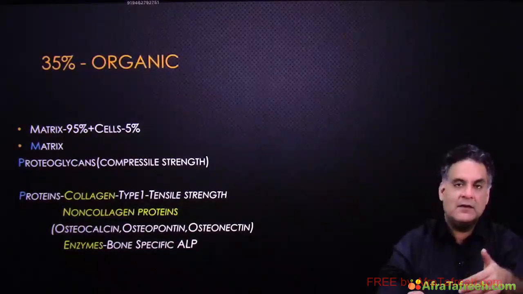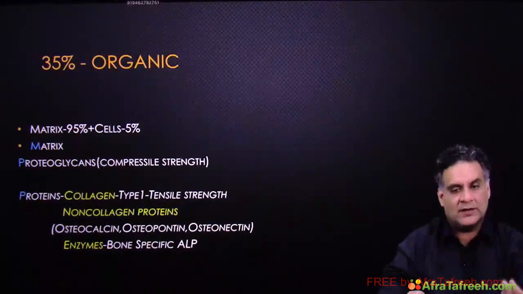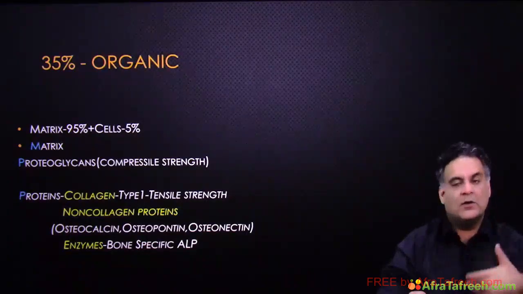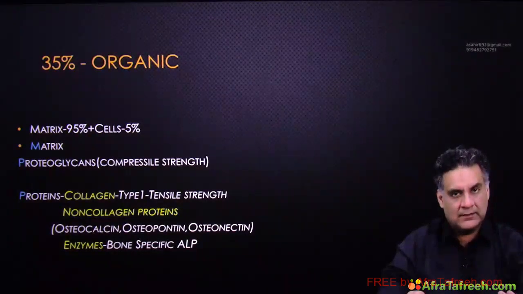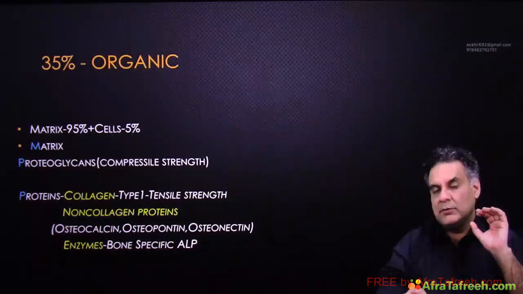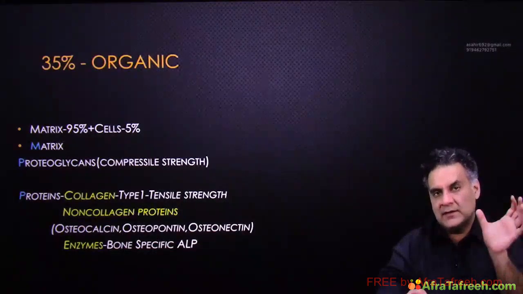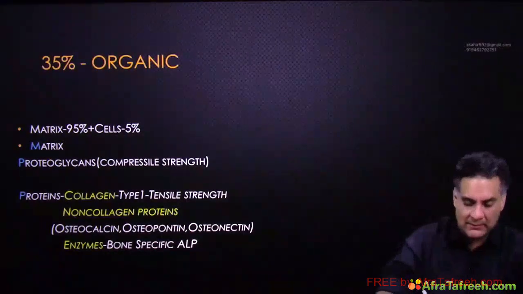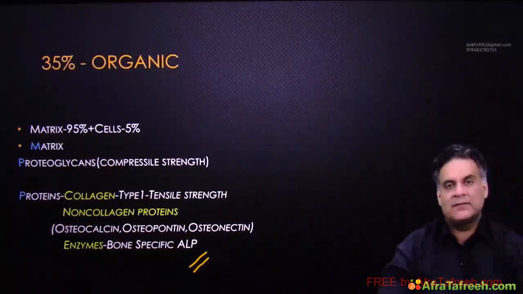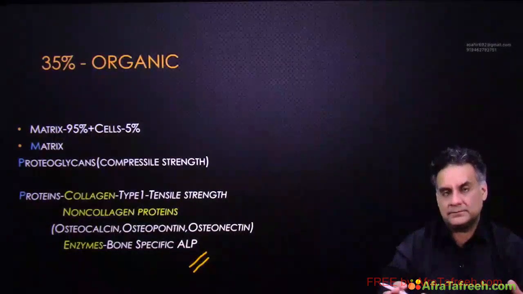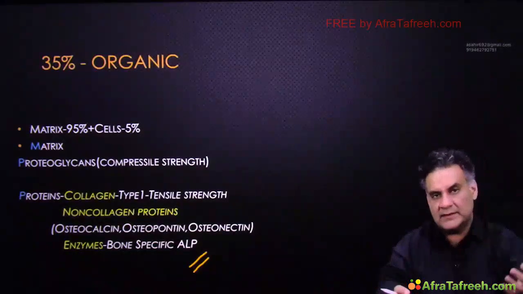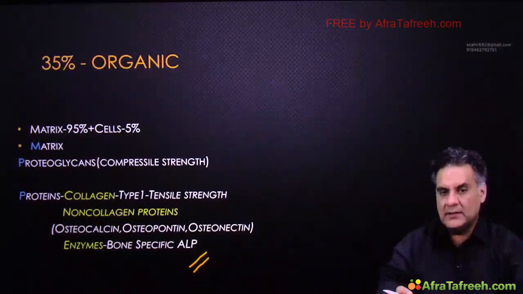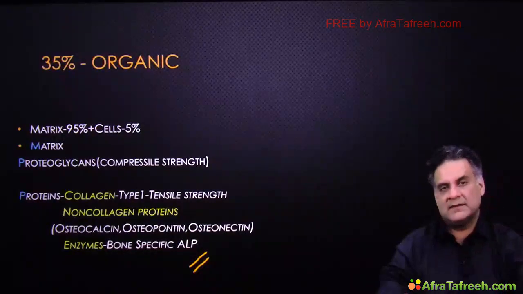And then you have non-collagenous proteins like osteocalcin, osteopontin, osteonectin. So these are bone formation markers. Osteocalcin is a very, very important bone formation marker. Another bone formation marker is bone-specific alkaline phosphatase. So type 1 collagen, tensile strength; proteoglycans, compressive strength.